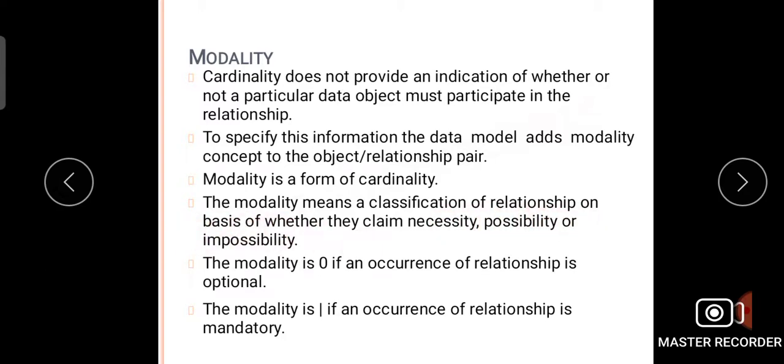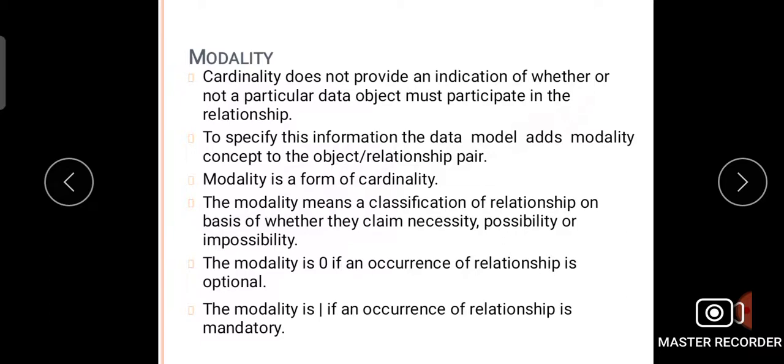Modality is 0 if an occurrence of the relationship is optional, and modality is 1 if an occurrence of the relationship is mandatory. 0 means it is optional, not compulsory, and 1 means it is necessary, mandatory.